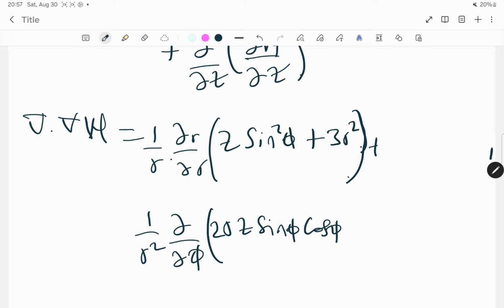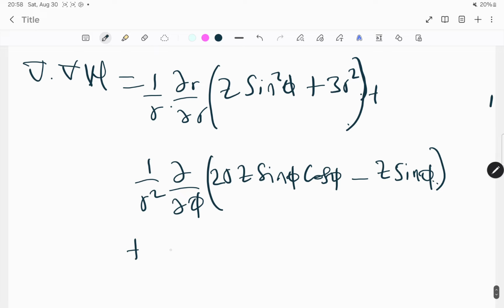Then we go to the next part, which is going to be z squared cos phi. We differentiate with respect to phi, meaning we get minus z squared sine phi, right? Then here will be 0. So we get this.